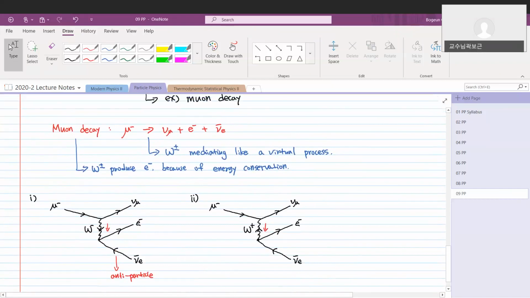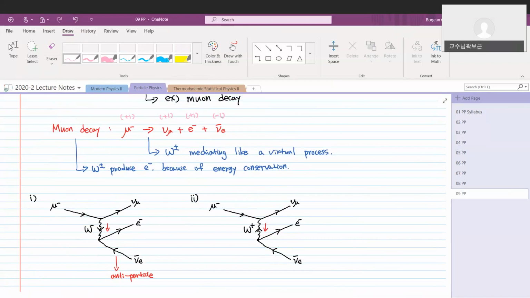For example, the muon is just one lepton, so in terms of the muon number it is plus 1, and the muon neutrino plus 1, and the electron plus 1, but the anti-electron neutrino is an anti-lepton, so minus 1. So in the left-hand side and right-hand side, the lepton number should be conserved.